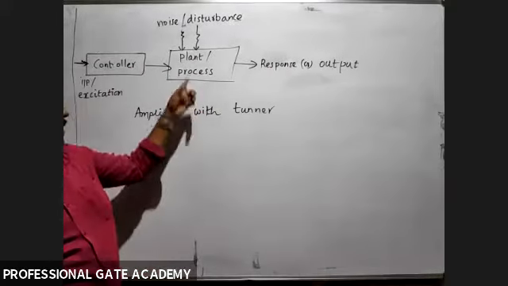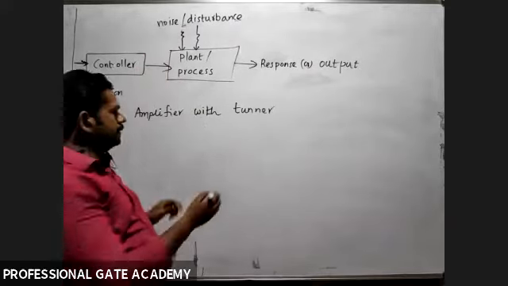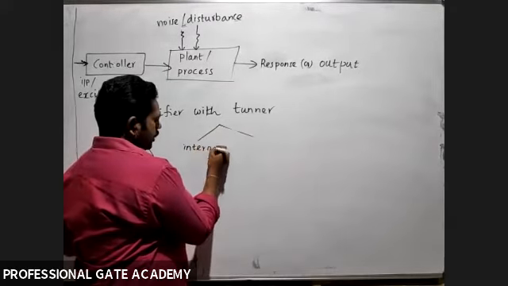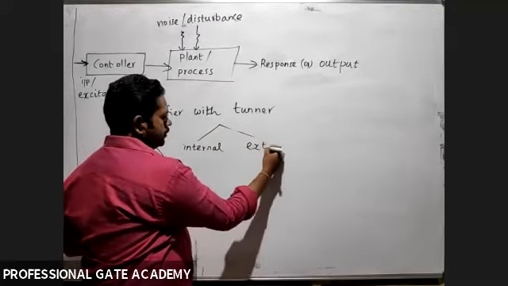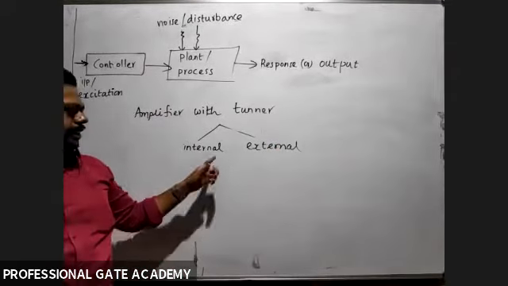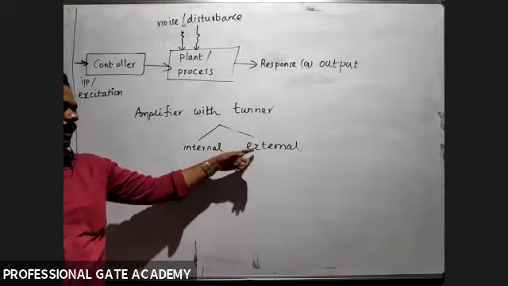So in the amplifier concept, we have two types of noise. What are the two types of noise? Internal noise and external noise. So what do you mean by internal noise, and what do you mean by external noise?